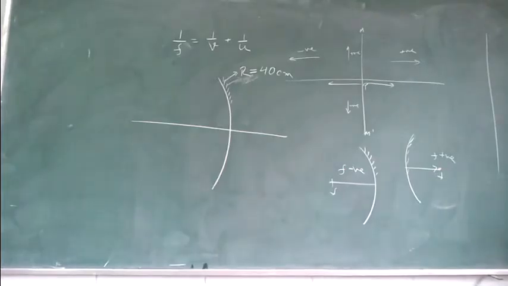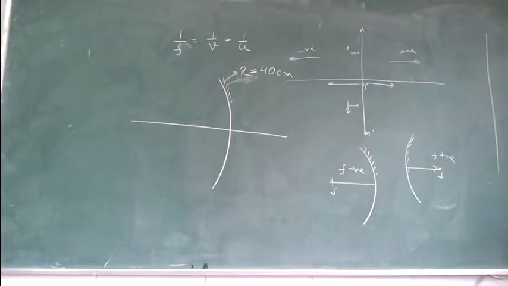And they say that you have placed an object at a distance of 30 centimeters from the pole, towards the reflective side.